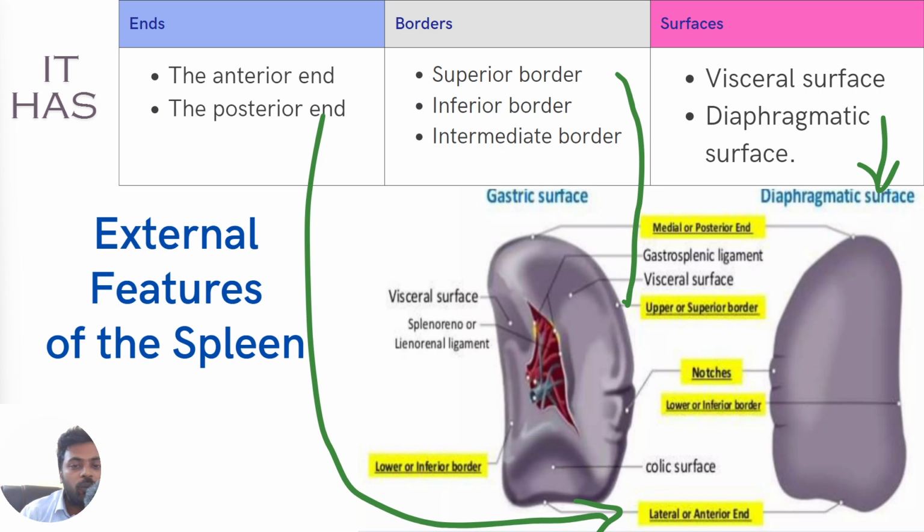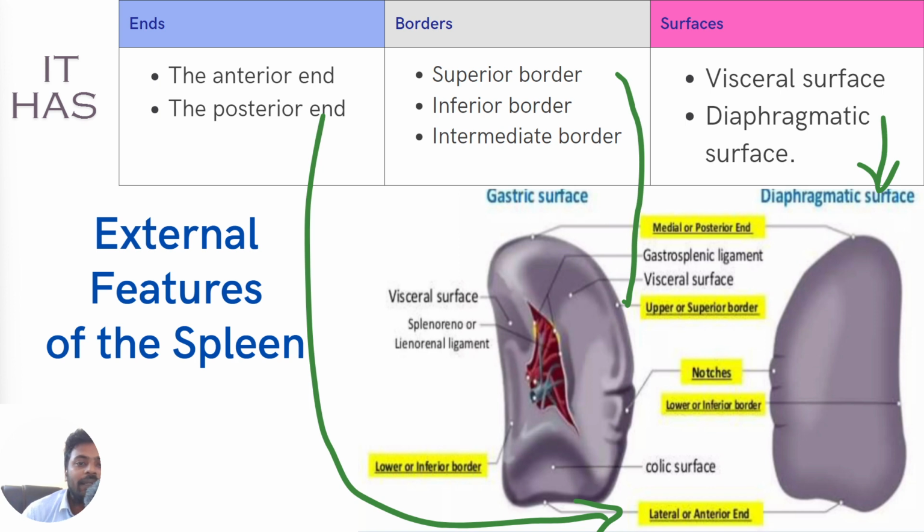It is directed downwards and forwards and reaches the mid axillary line. The posterior end is rounded and it is directed upwards, backwards and medially, and it rests on the upper pole of the left kidney. And three borders: the superior border, inferior border and intermediate border.